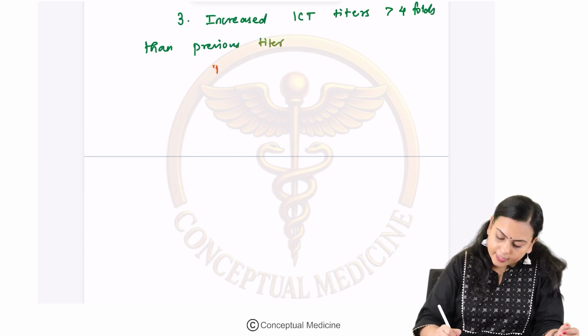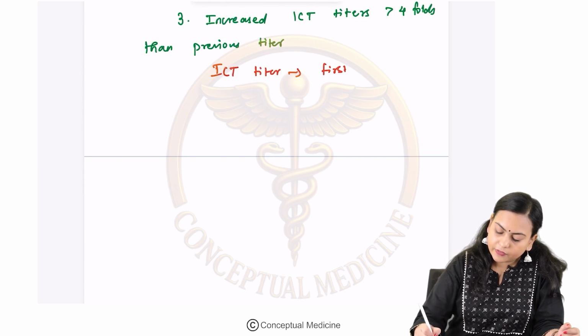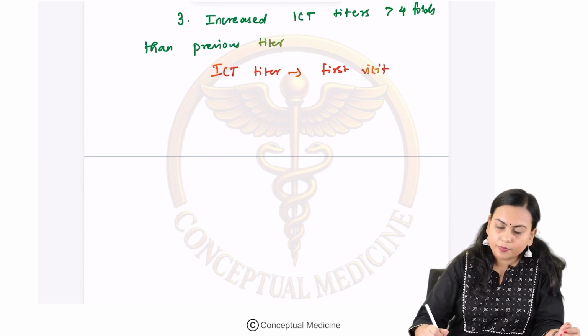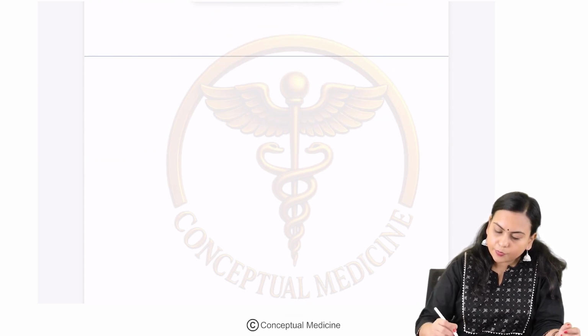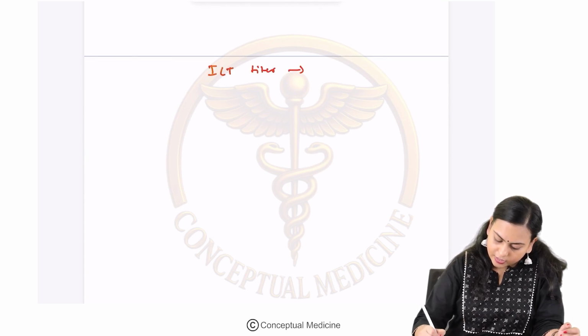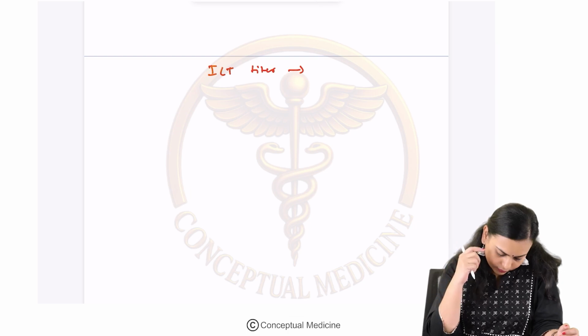Remember that ICT titer is done at the first visit and repeated at least once after that, at 28 weeks. And if it is positive in the first visit itself, then it should be repeated.